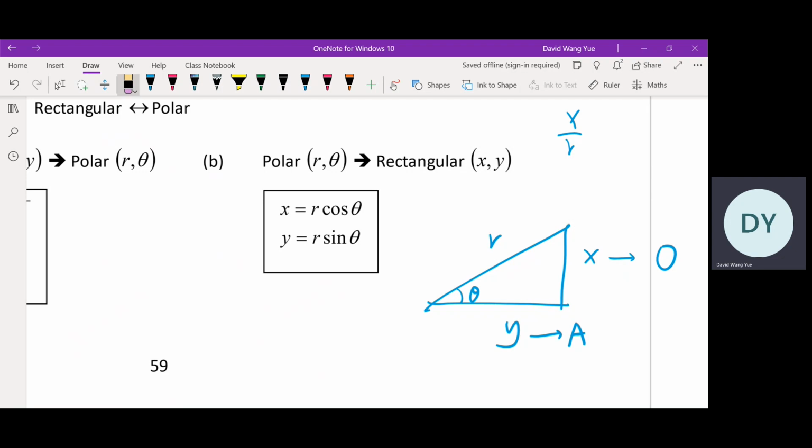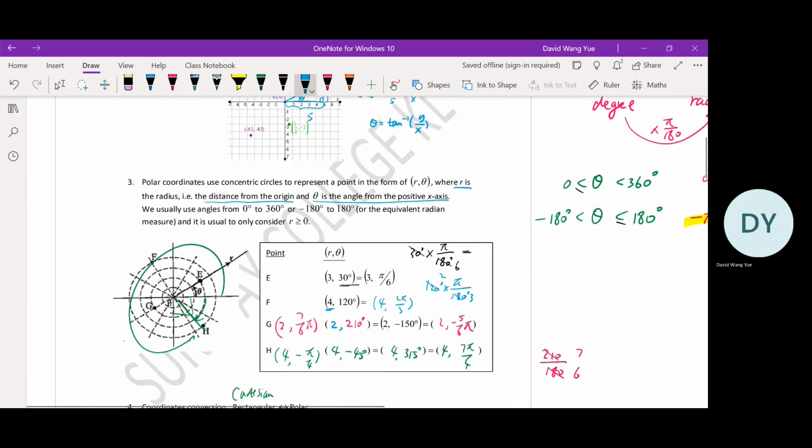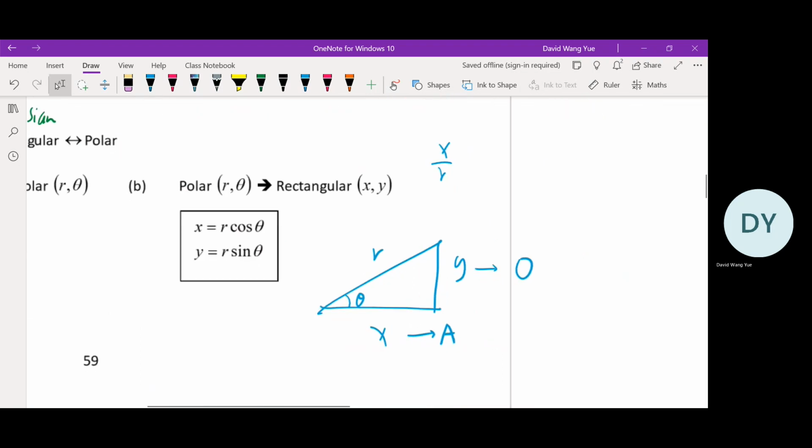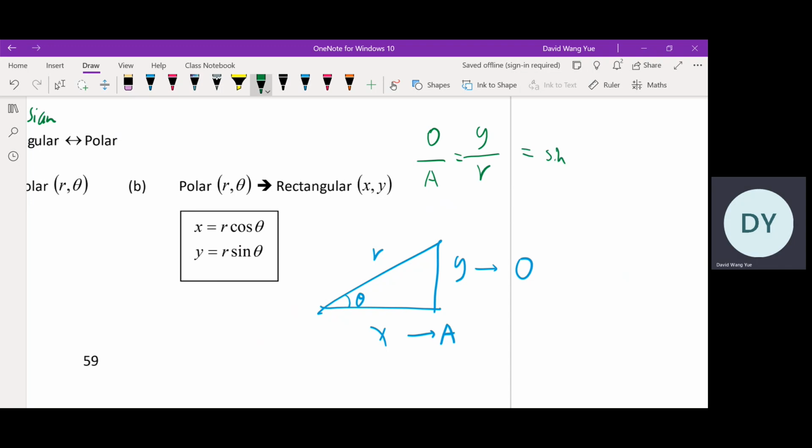I put it wrongly, sorry. This is y, this is x. So opposite over hypotenuse, that is sine theta, right? So the y is r sine theta.